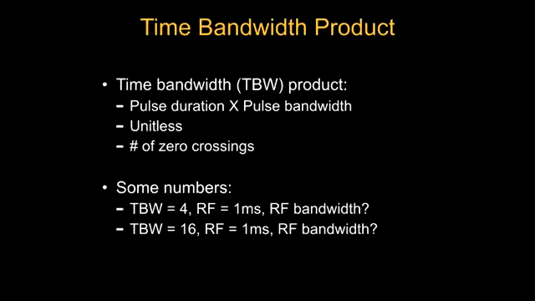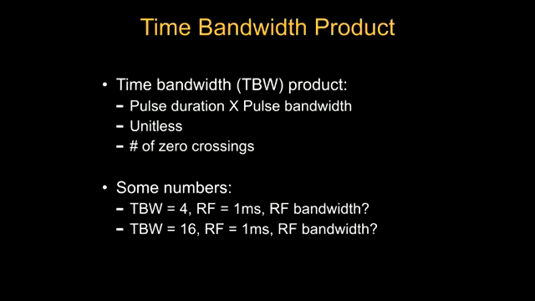How do you calculate the TBW? It's the number of zero crossings in the sinc pulse. Just think about it. When you have many zero crossings in the sinc pulse, that means the sinc pulse is really long, right? That means a higher time bandwidth product includes more ripples, although it can be long.